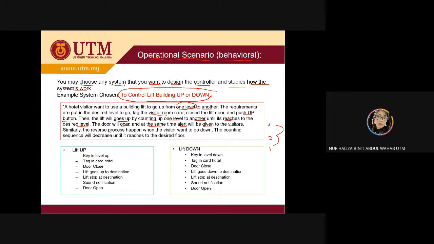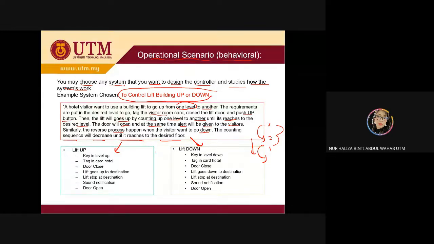Similarly, the reverse process happens, which is you turn down when the visitor goes down. The counting sequence will decrease until it reaches the desired floor. So you can see in this scenario, you have two cases that you need to check, which is when the lift goes up, and another one is when the lift goes down.